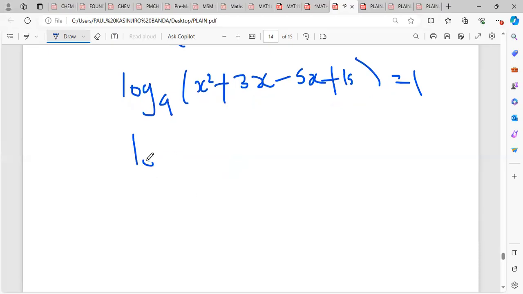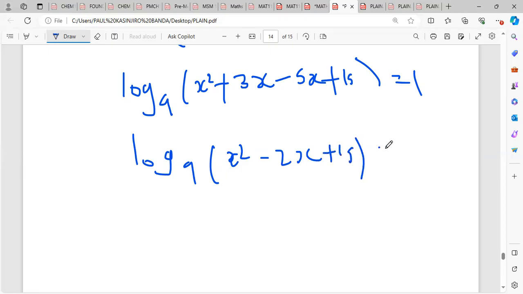So it means you have log 9 of (x squared minus 2x minus 15) is equal to 1. When we reach this point, we go back to our BAM.